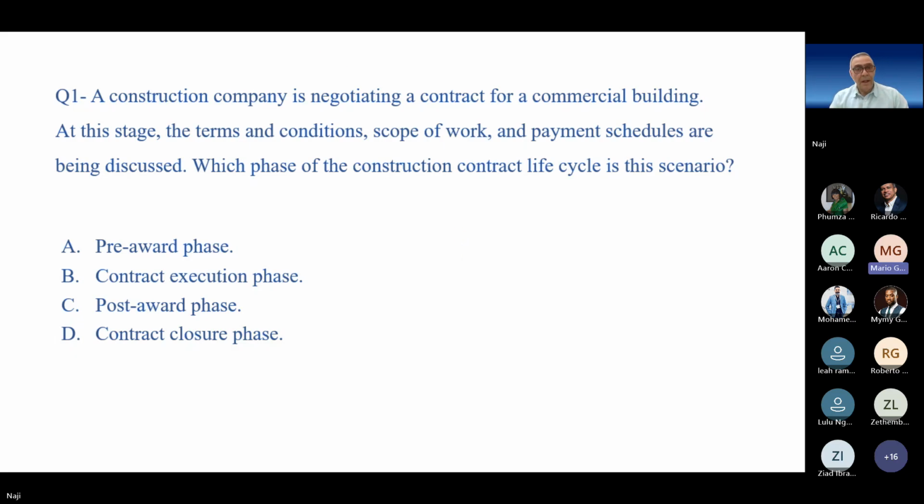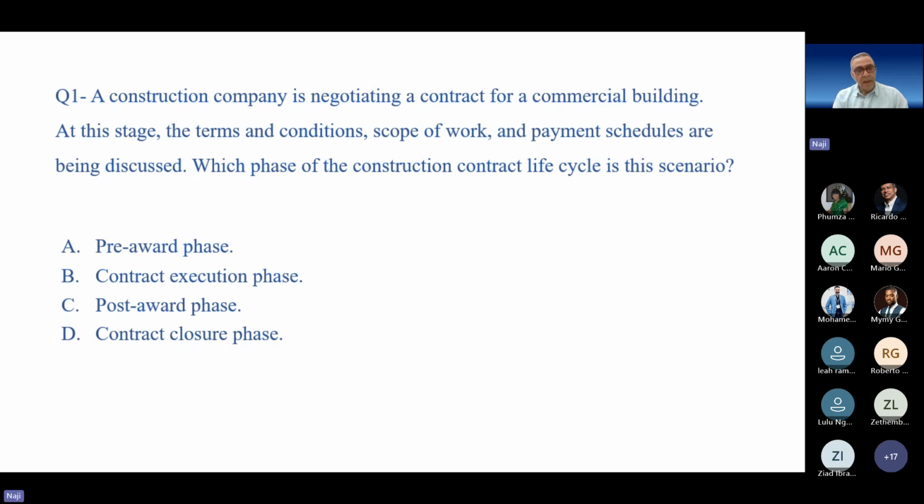Remember that you can open your mic if you want or type in the chat. So this is a really typical exam question, and here it's really about understanding the phases.